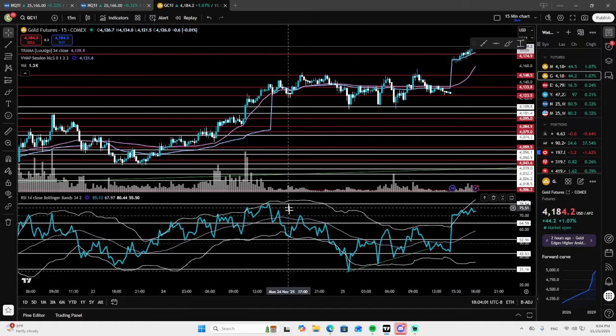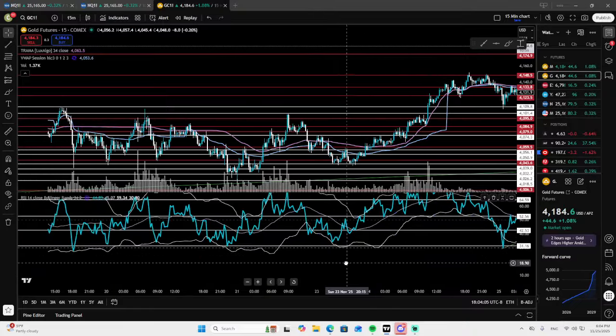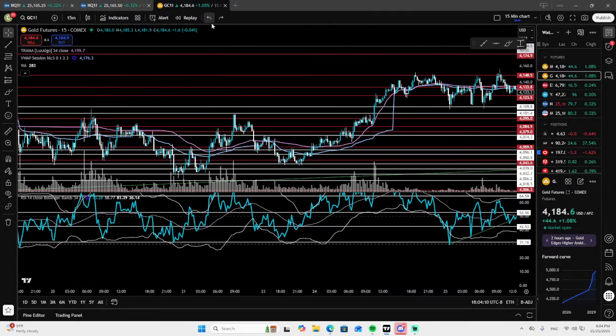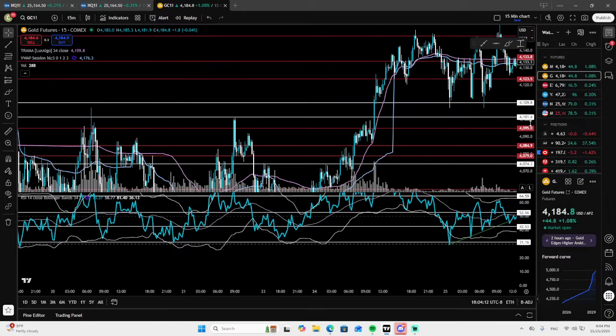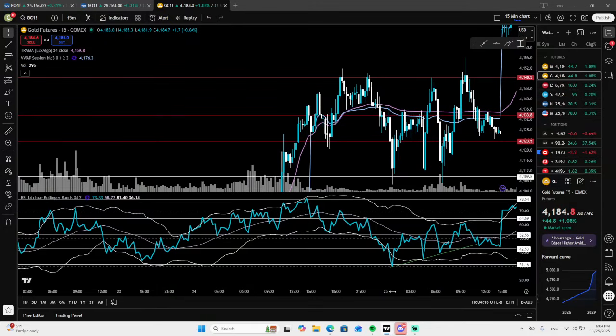Another example. Didn't mean to move that level. There's a top divergence right there. Here to where?